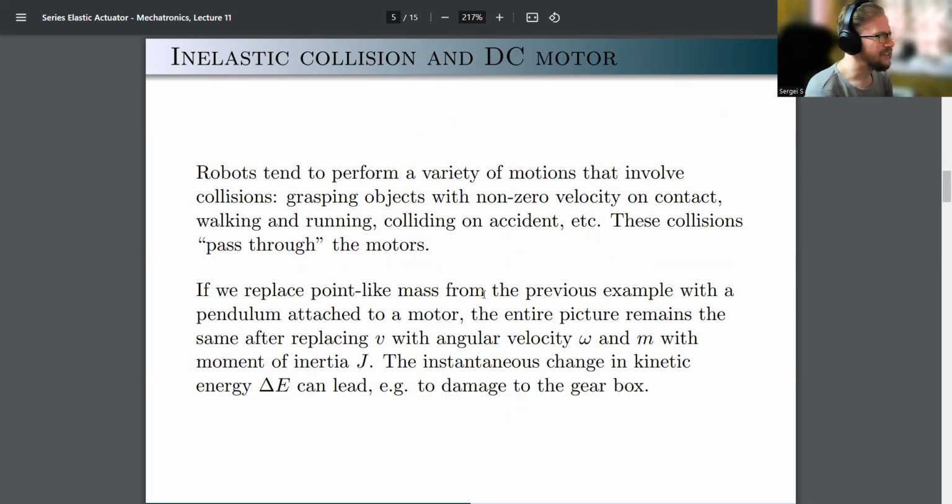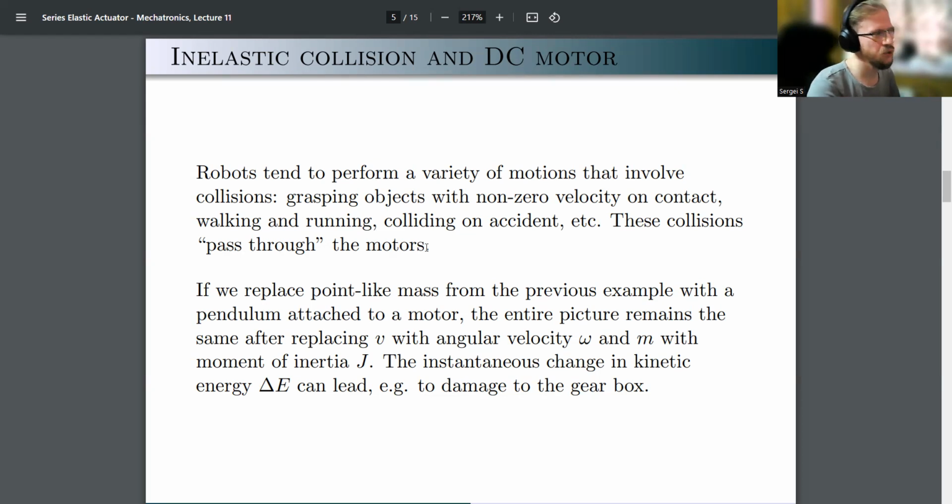Now, what we said about collisions comes down to the fact that we will experience instantaneous changes of kinetic energy, and those collisions will, as we say, pass through the motors. I'm not proposing here to produce a theory of instantaneous changes of velocities for kinematic chains.